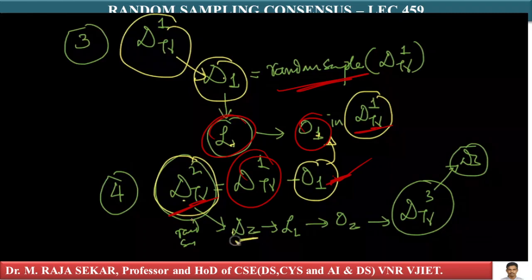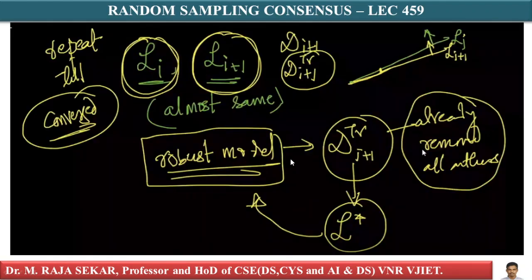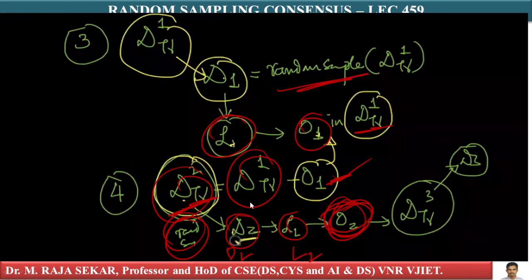This is my DTR2. You can sample it again, take a random sample, construct a data set D2 and build a model L2, isn't it, and find outliers O2 and remove these outliers from DTR2.